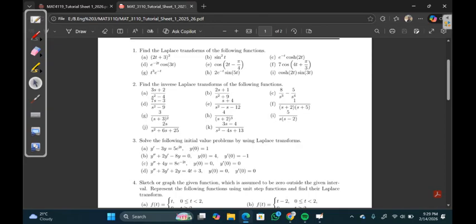So I think if you have cos of a plus b, which is going to be equal to cos a cos b minus or plus sine a sine b.